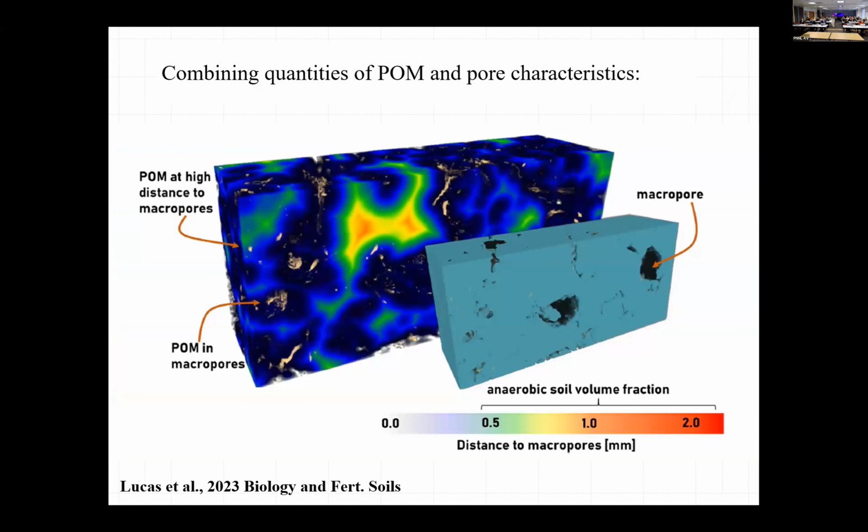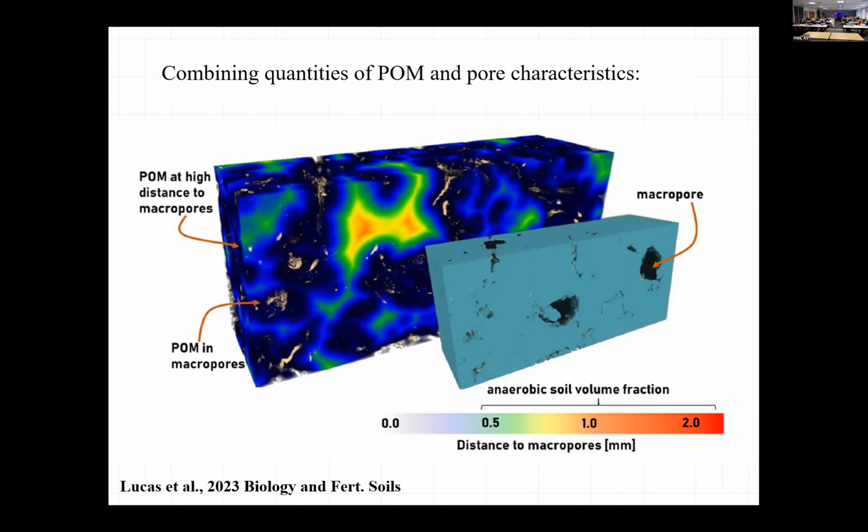So what seemed to be the best predictor, out of a large number of pore characteristics and a variety of characteristics that he got from those images, plus, definitely, chemical characteristics, water content and soil nitrate?